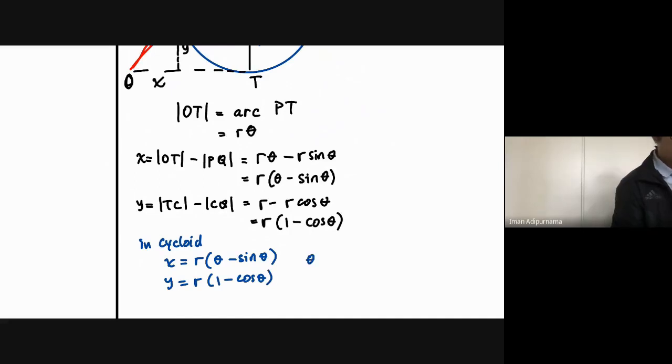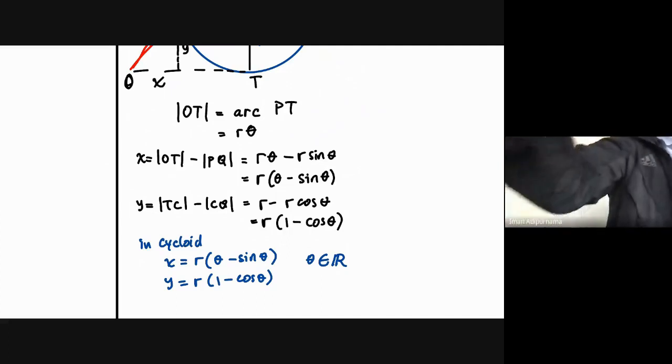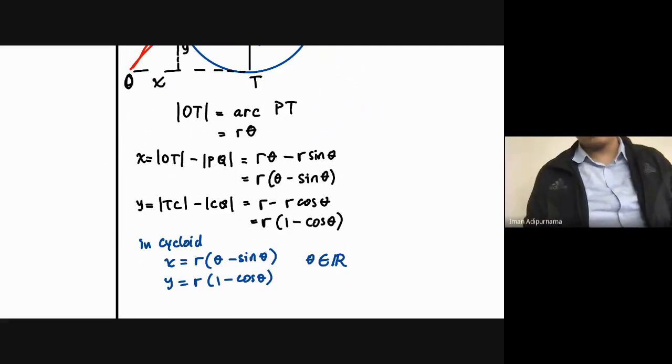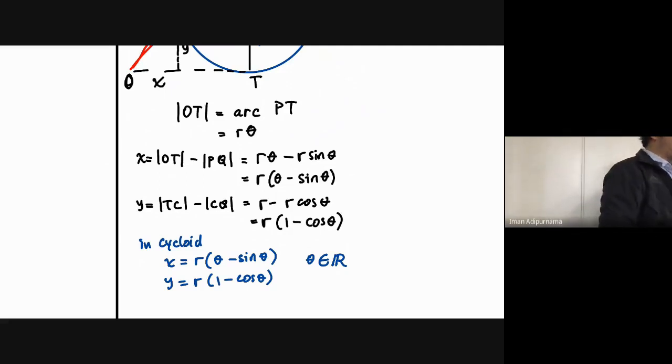And we can also write theta is a real number. Any questions first?